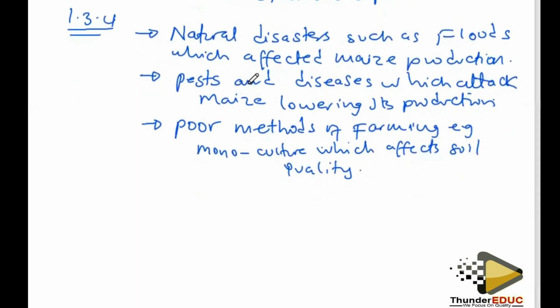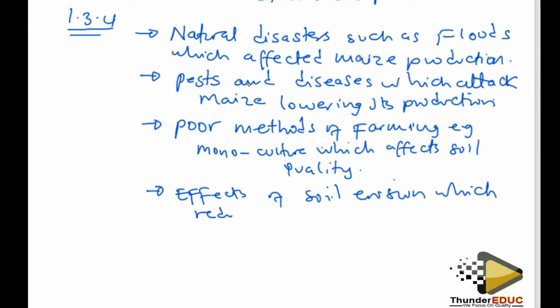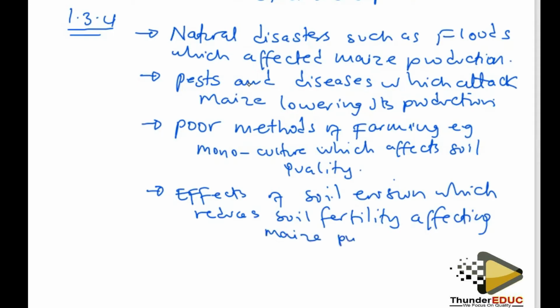They also talk about the effects of soil erosion, which reduces soil fertility, affecting maize production.